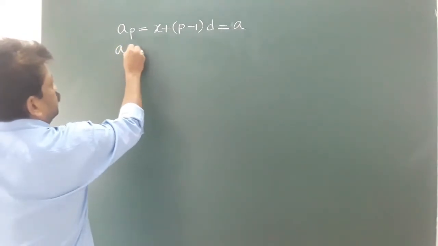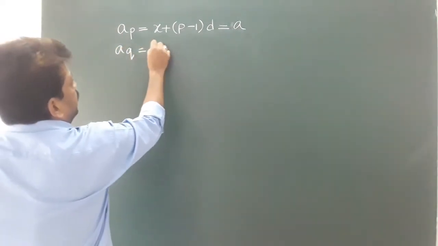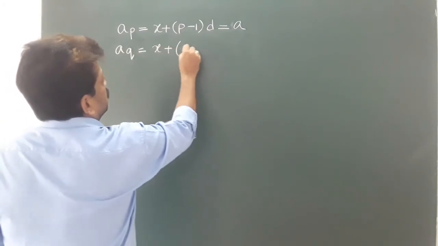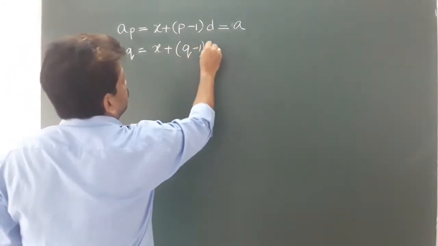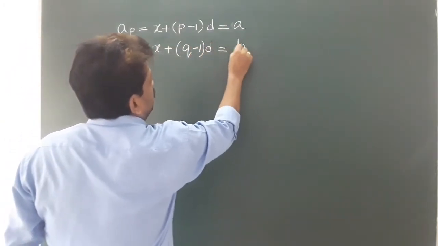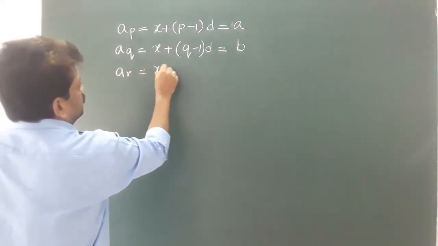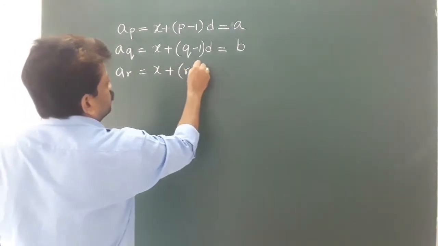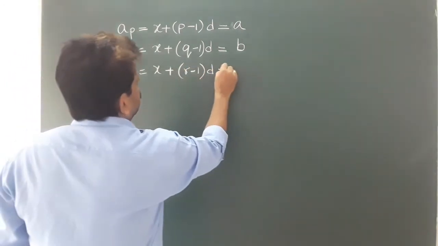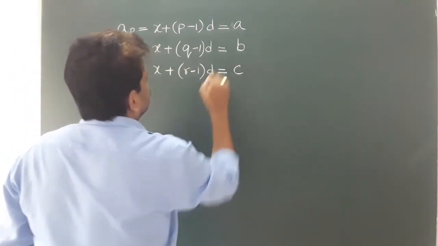Similarly, the qth term will be x plus (q minus 1)d, and this is given as b, and the rth term x plus (r minus 1)d is equals to c.